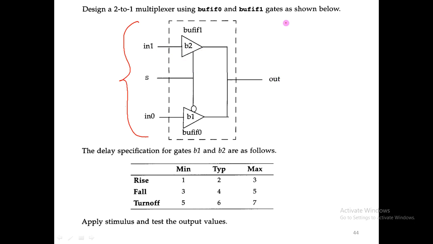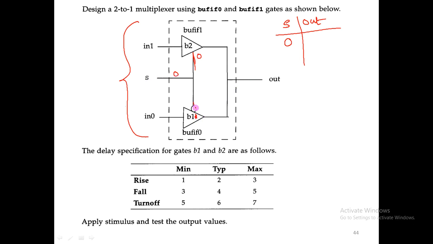S is a select line and this is your output. So when S is 0, here I'll get it as a 0. After bubble I get it as 1.